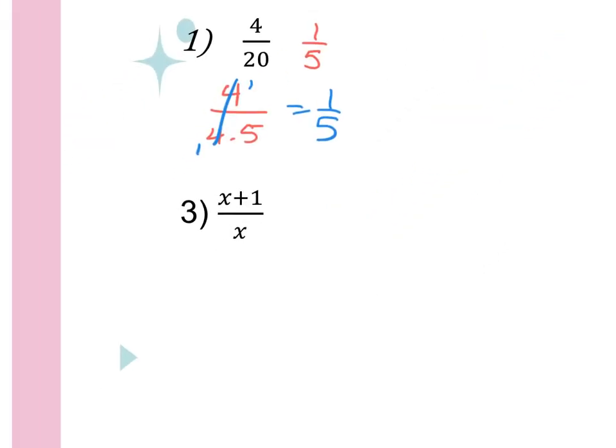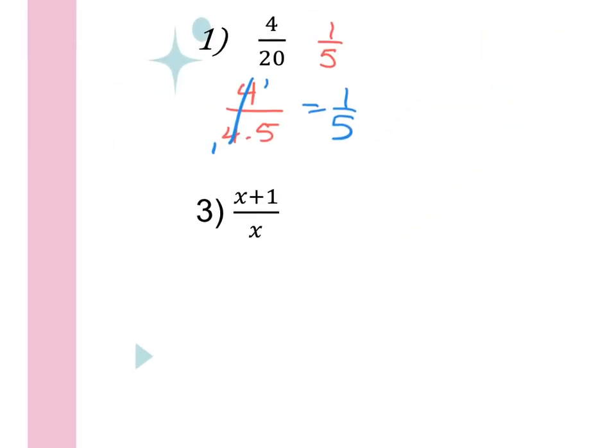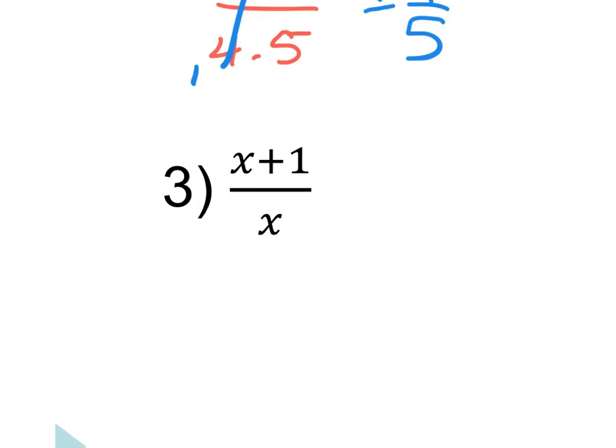Over here, same idea. Now, some people on the quiz are going to say, oh, I can cross this off and my answer is 1. You cannot do that. Again, this fraction bar means that this x plus 1 is stuck together, and then this x is by itself.